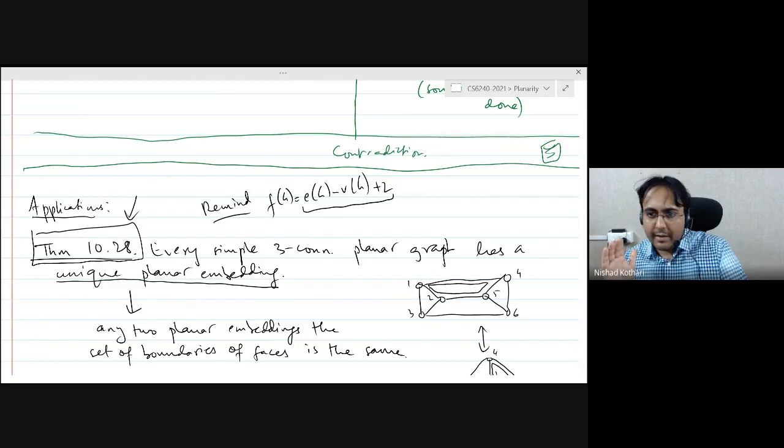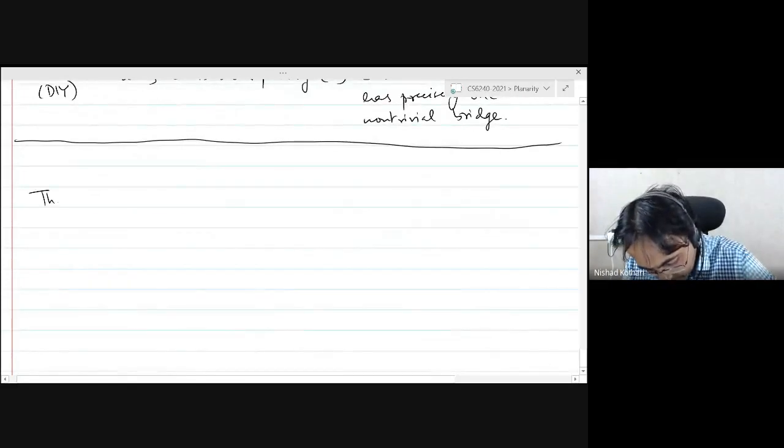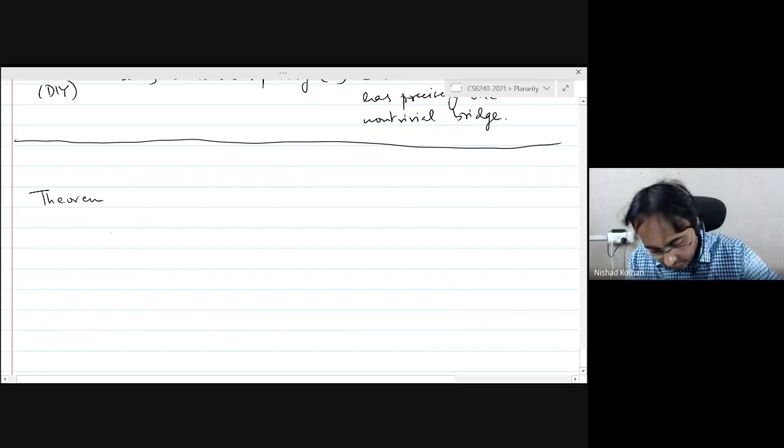And observe that the definition of separating or non-separating cycle has nothing to do with the planar embedding. So we have something that is independent of the embedding, and that is what we wanted, right? So the specific theorem we'll be proving is theorem 10.27 in the text.